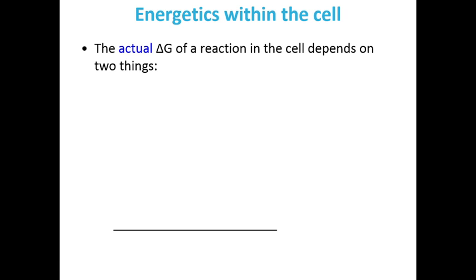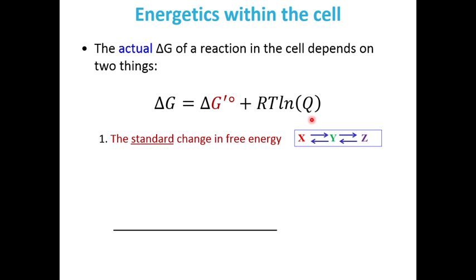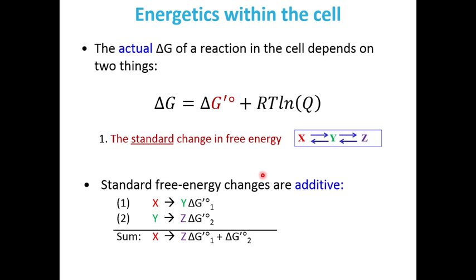The actual delta G of a reaction in the cell depends on two things. Delta G depends on the standard free energy change as well as the reaction quotient. The standard free energy for this reaction is additive. For this reaction that is shown here, the standard free energy change for X going to Y and Y going to Z can be added together.